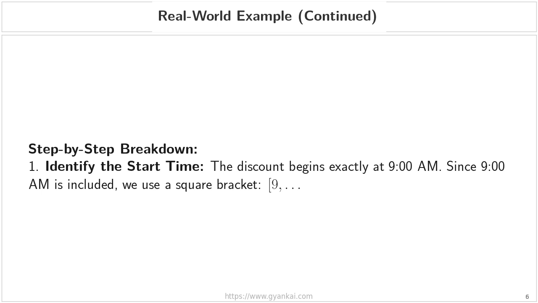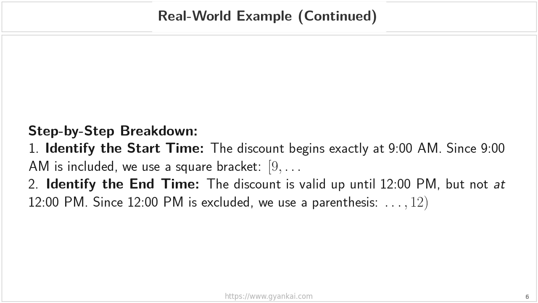The problem states the discount begins exactly at 9:00 a.m. Because the discount is active at that very moment, 9:00 a.m. is included in our set. In interval notation, whenever an endpoint is included, we use a square bracket. So we start our notation with an opening square bracket, followed by the number 9, and then a comma like this: open square bracket 9, comma. Next, we look at the end time.